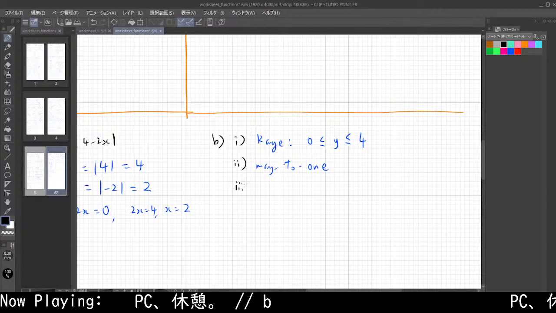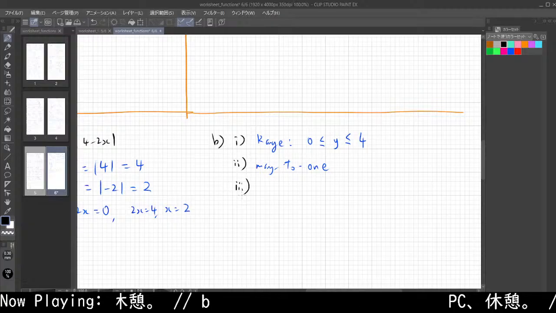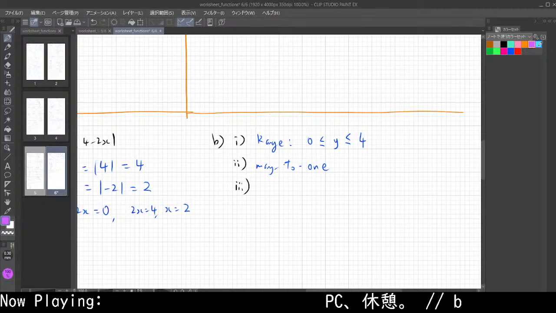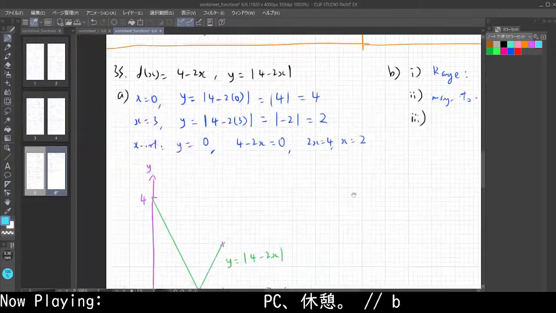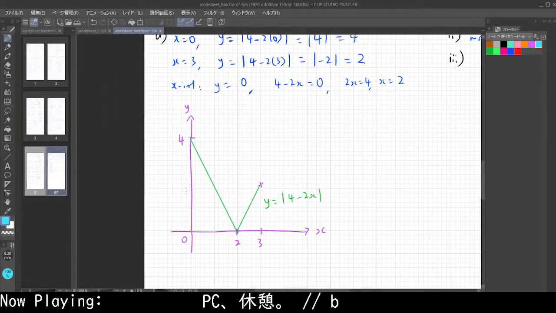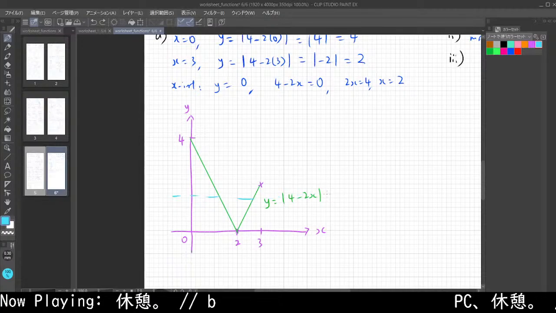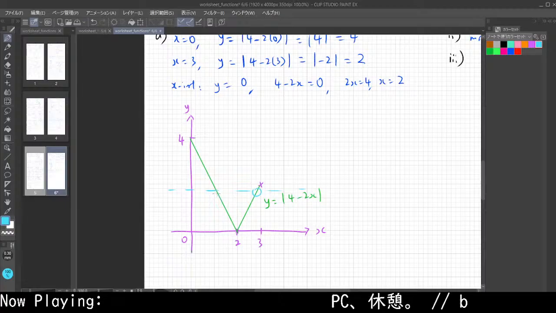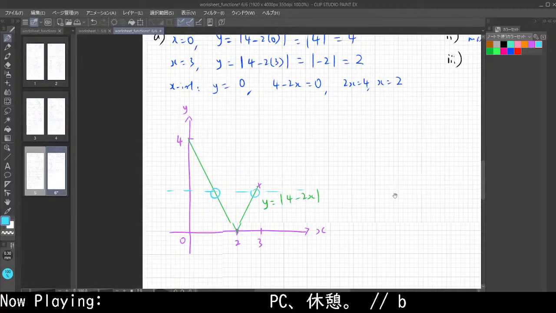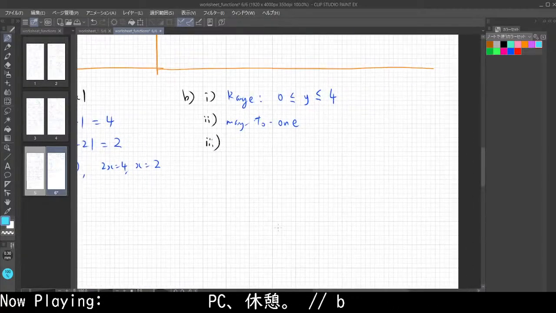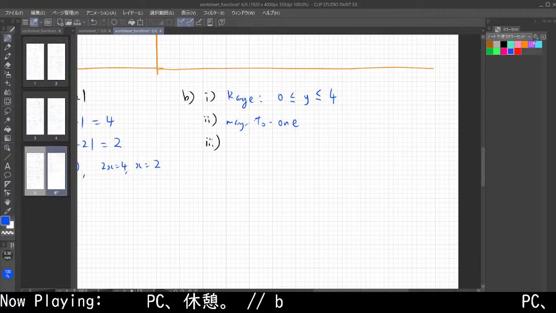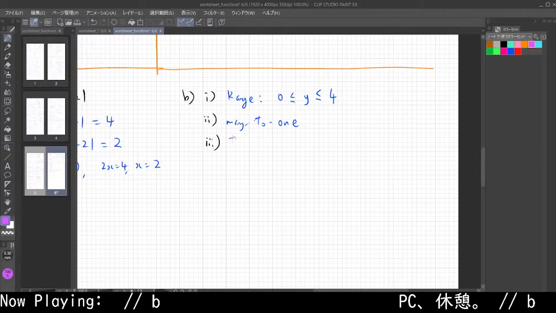So question 3, by using the line test, certify whether the absolute value of fx has an inverse function or not. Line test, just draw. By the horizontal, what you write is basically like this, right?